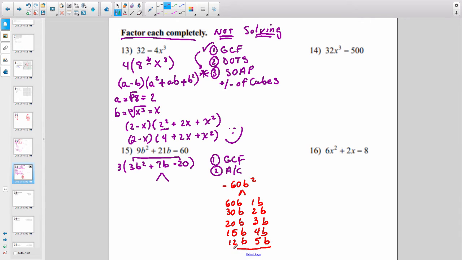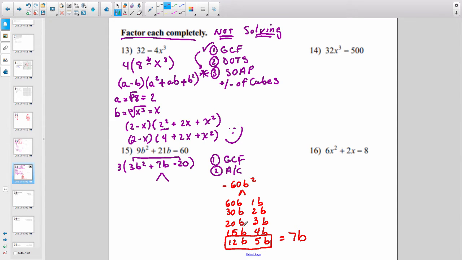These two right here can get me to 7, which is what I'm looking for here. I want to split the middle term using these two factors. These two have to multiply to be negative 60, which means one of these will be negative.